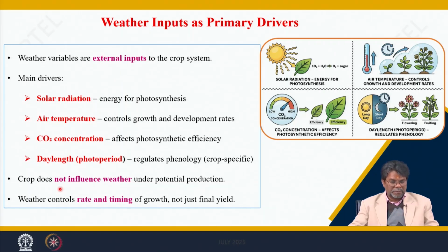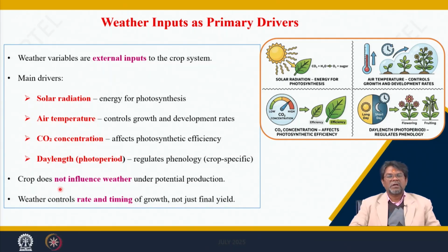Usually the crop does not influence the weather, only the microclimate, to a limited extent. In general, the weather or climate influences the growth processes of the crops: the biomass accumulation and the developmental phases are influenced by the weather.